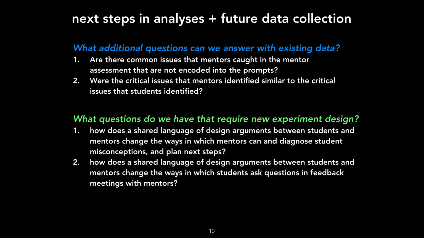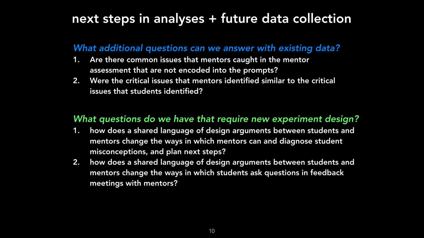Another question that I thought would be interesting to answer concerns the critical issues that mentors identified. In that mentor assessment where they identified issues themselves, they rated them as, oh, I think this is critical, or a higher priority compared to this other issue that I identified.